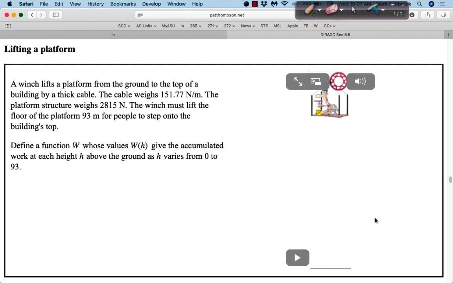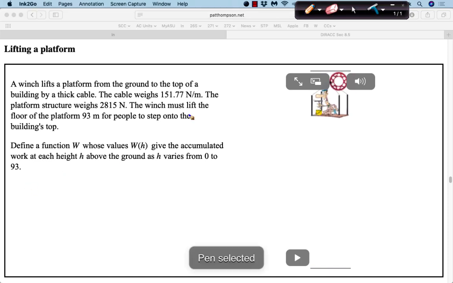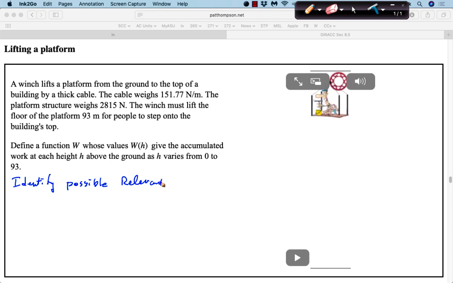And so that starts by, rather than searching for an equation and plugging the numbers in, defining or just identifying possible relevant quantities in the situation. Rather than have the mindset of trying to get an answer, let's have the mindset, at least initially, of understanding the problem and the quantities involved.